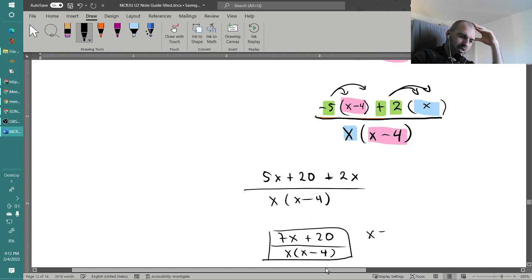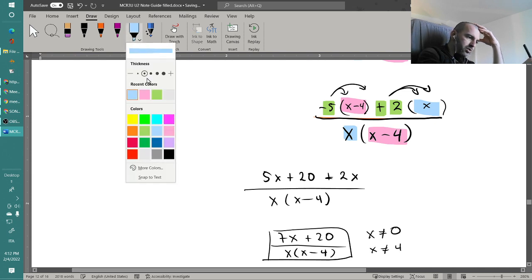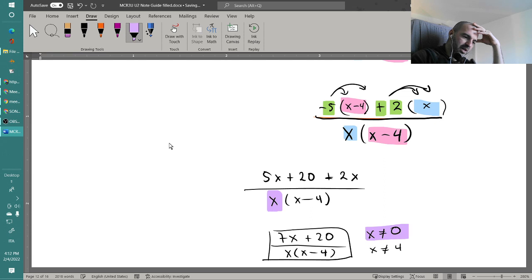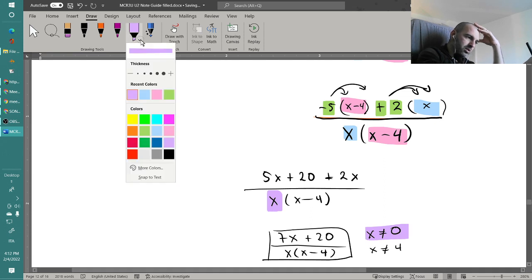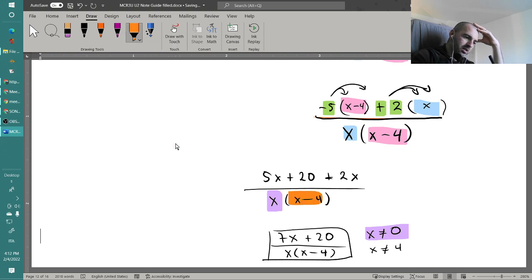Restrictions. X cannot equal 0 and x cannot equal 4. Where are these restrictions coming from? The x gives me that restriction, and the 4 gives me that restriction.